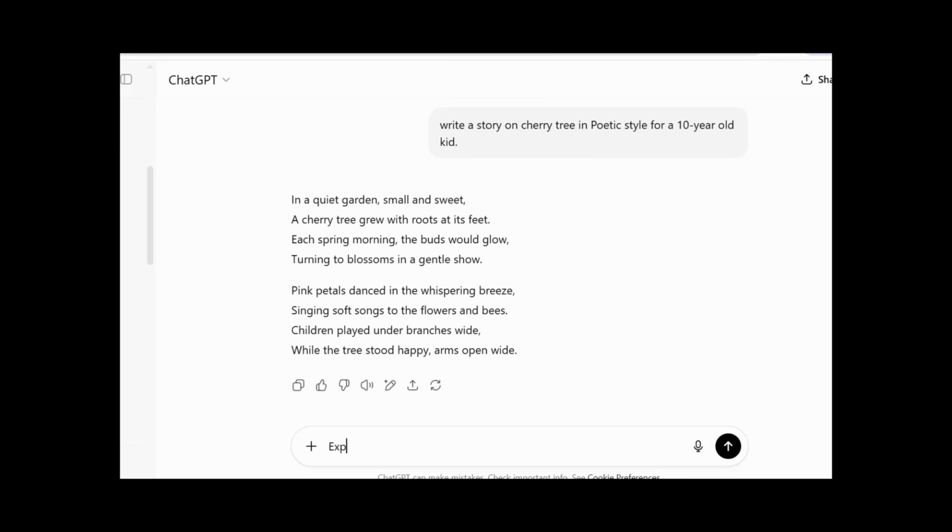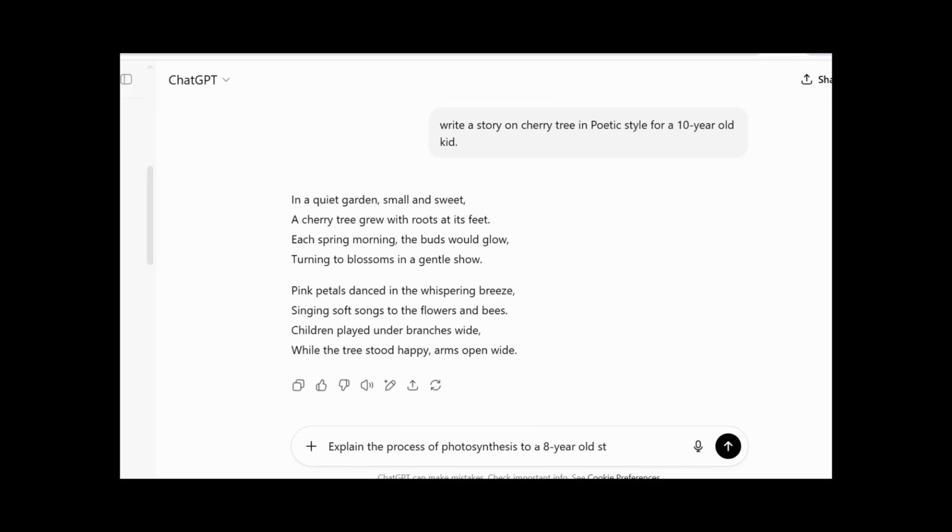Here is another example: explain the process of photosynthesis to an 8-year-old student in two sentences.